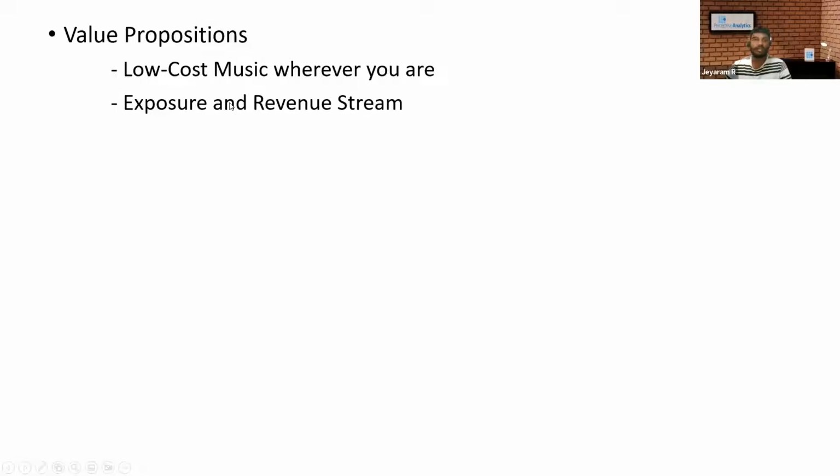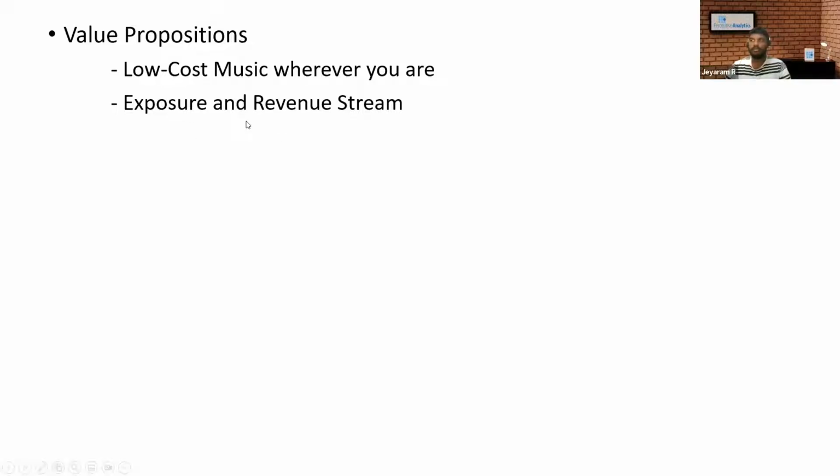Also, something interesting I found: if you are a premium user, you get to listen to much better quality, 320 kbps. If you are a freemium user, as they call it, you only get 160 kbps.